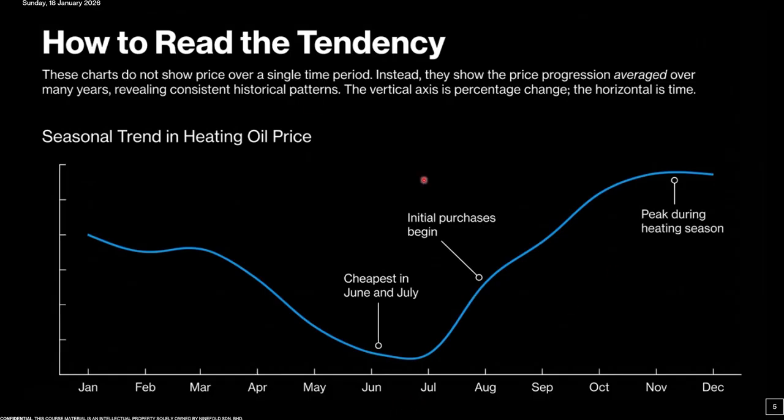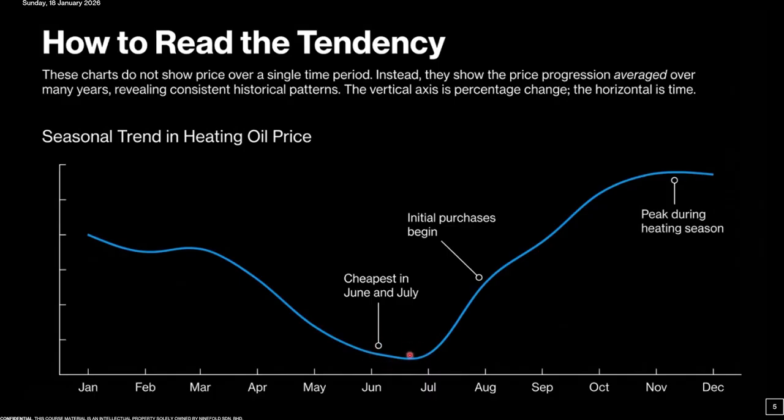Over here, we're looking at the seasonal tendency of heating oil. In this example, between January to July, what do we see? We see bearish price delivery, right?